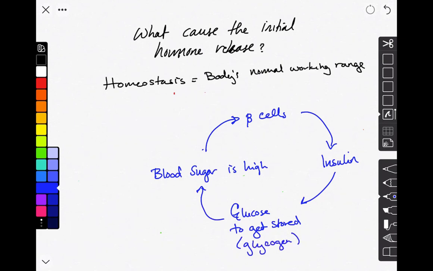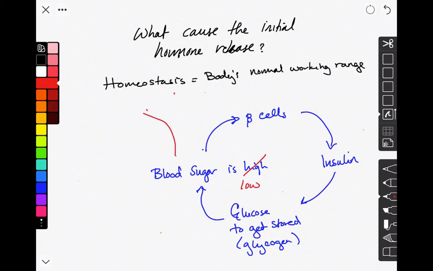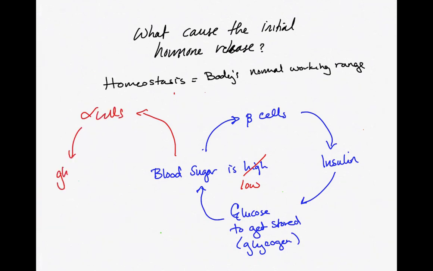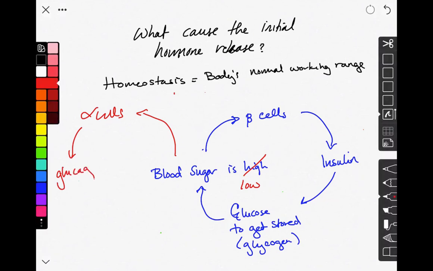All right, so that's what happens if your blood sugar gets high. What happens if your blood sugar gets low? I'm going to actually just draw this over this way. That's sensed by alpha cells in the pancreas, and it causes the release of a different hormone. This one's called glucagon.